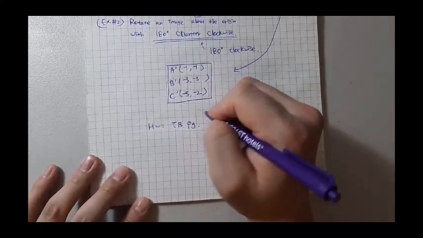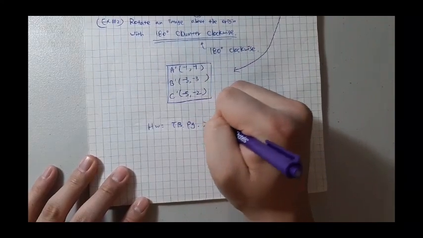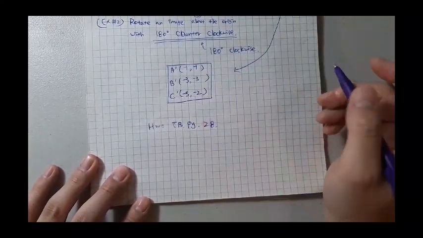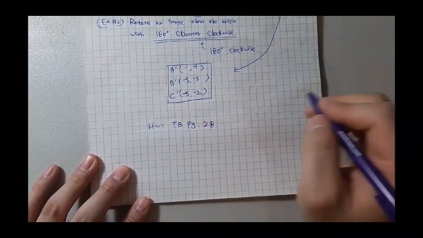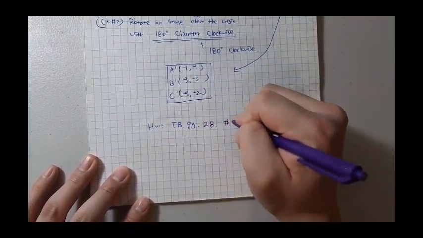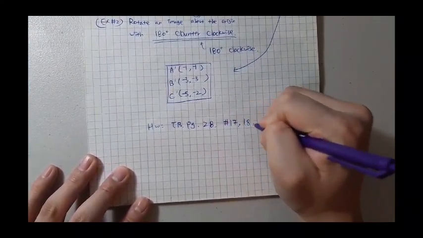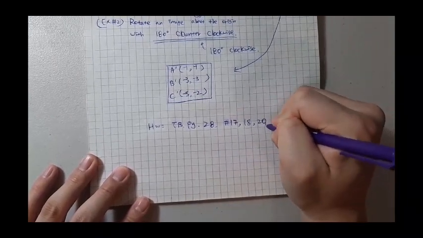I am modifying this question, so please pay attention. When you go to page 28, there are number 17, 18, and number 19.